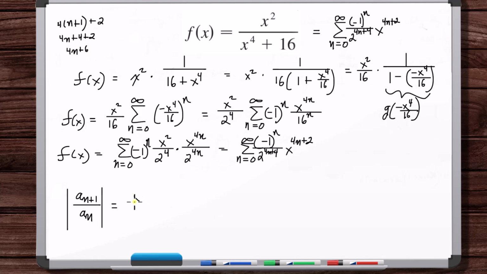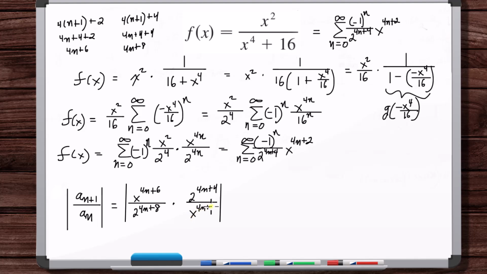So x to the 4n plus 6, and then 2 to the 4n plus 4. So 4n plus 4. Okay, so 2 to the 4n plus 8, times, then we've got 2 to the 4n plus 4 over x.